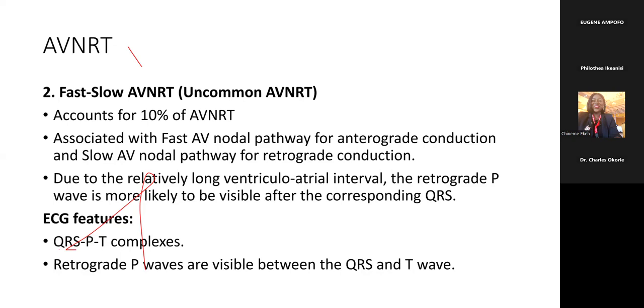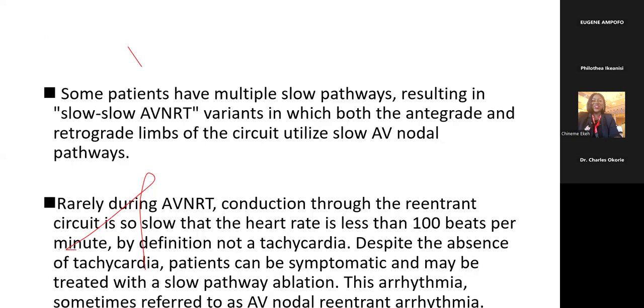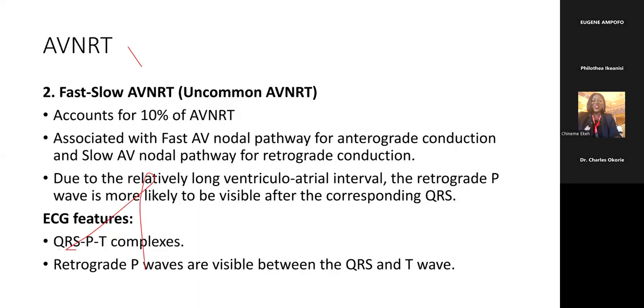So in the fast-slow AVNRT, known as the atypical form, the P wave tends to be distinct, while in the slow-fast, the P wave is buried in the QRS complex.